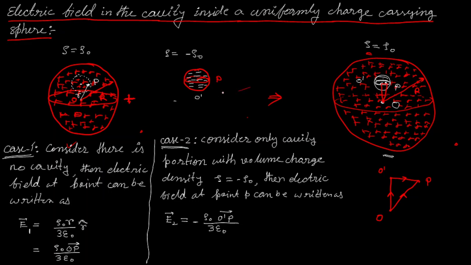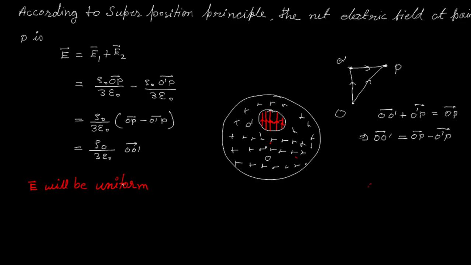And since the superposition of these two situations gives the final, given charge distribution, according to the superposition principle, if I want to calculate the net electric field at point P, you have to take the vector sum of these two electric fields. After taking the vector sum, we have noticed that the electric field inside the cavity will be constant, a uniform electric field.